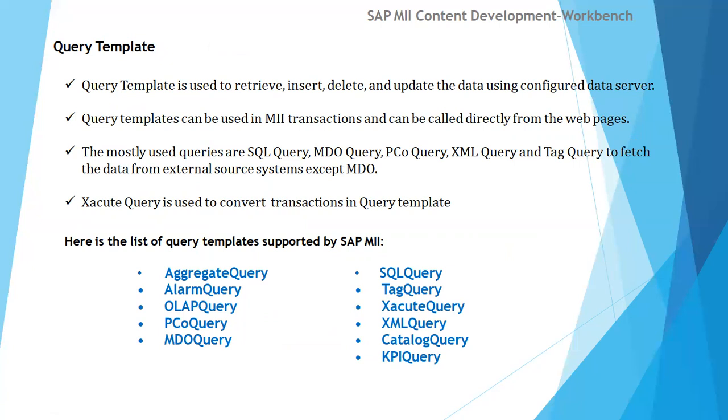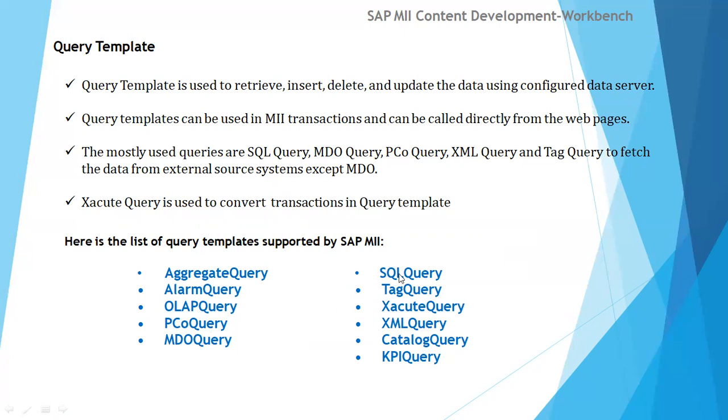So query template is mainly used to retrieve, insert, delete, and update the data using a configured data server. There are different types of query templates available in SAP MII: the SQL query template, tag query template, execute query template, catalog query template, and Pico query template.